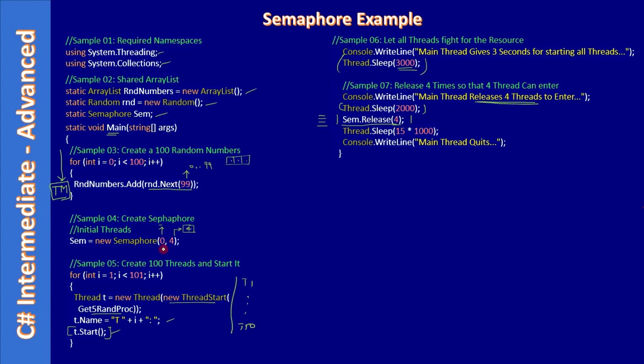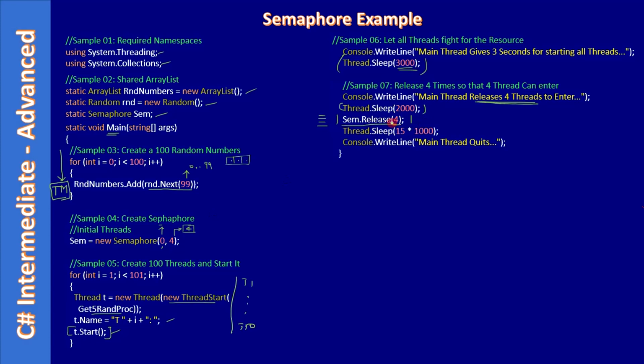Here, if you see, initially we are not allowing any thread. So the initial thread count is set to 0, and the maximum we specify is 4. So initial is 0. Once we release, 4 threads will be allowed. After that a maximum of 4 will be maintained. I am talking about the second parameter.